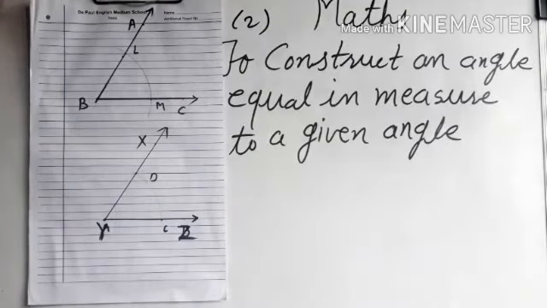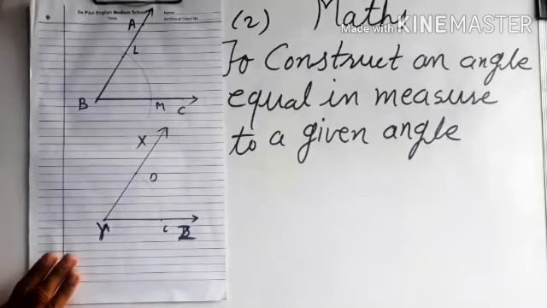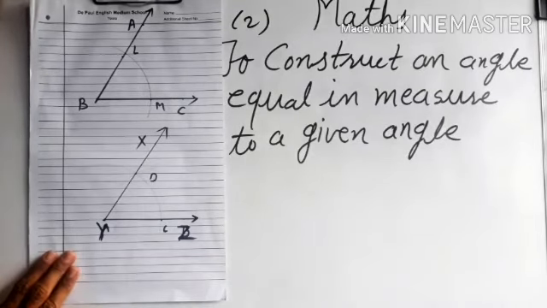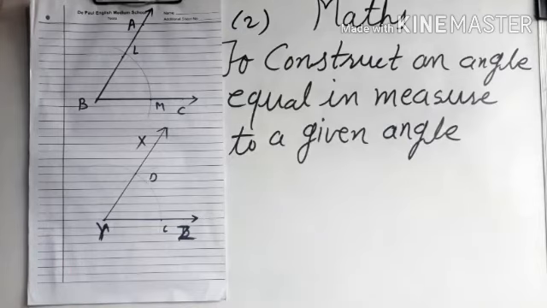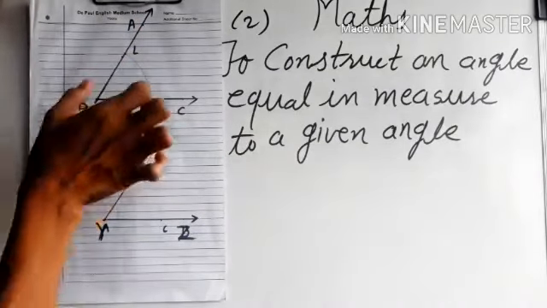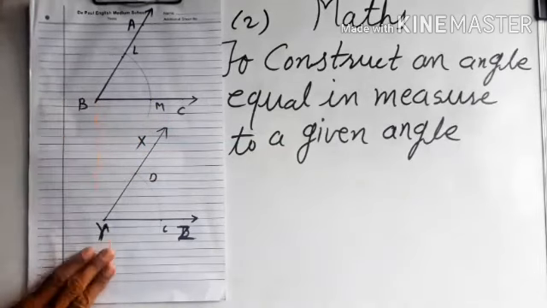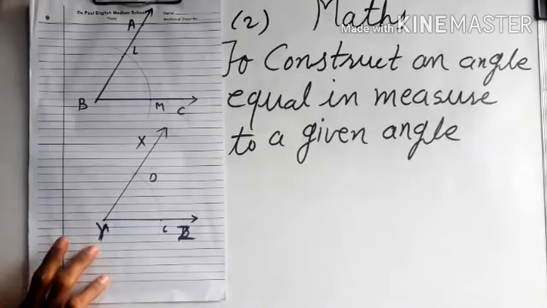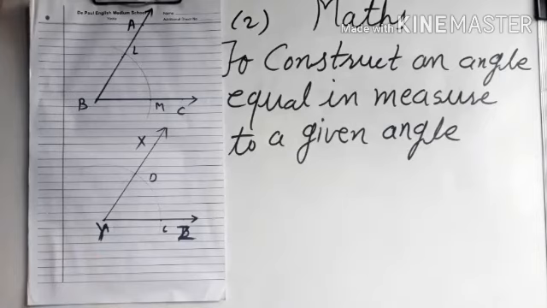Students, this is the simplest thing, not hard work for you. So try it at home in your notebook. Draw any acute angle first, and then with the same measure draw another angle with the help of compass and ruler.